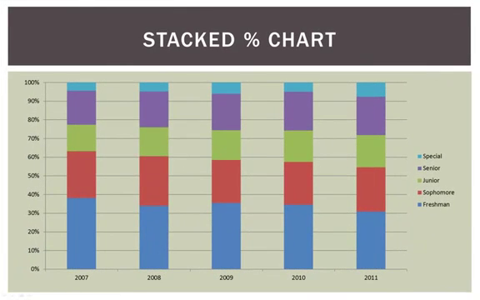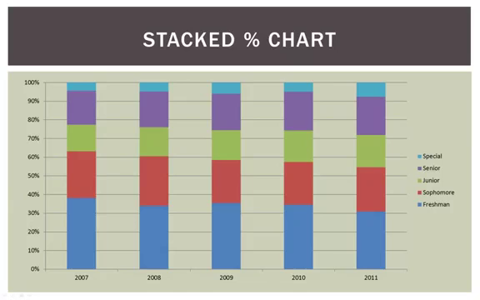Now here's our stacked percentage chart. Of course, in this case, each class level is described by the percentage of the total enrollment it occupies for any given year. So if we look at 2007, we can see that freshmen were approximately 38% of our total undergraduate enrollment or head count. In 2008, that went down to about maybe 33%. By the time we got to 2011, we're almost all the way down to 30%.